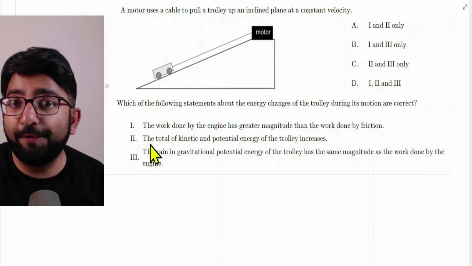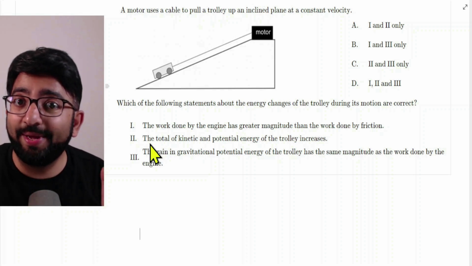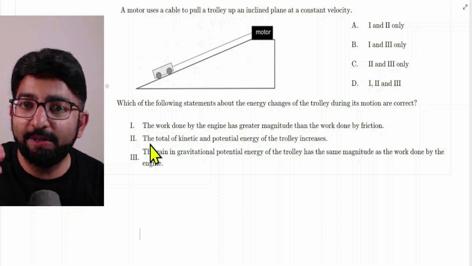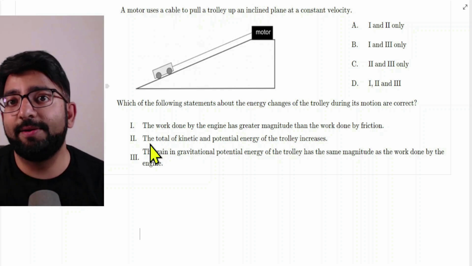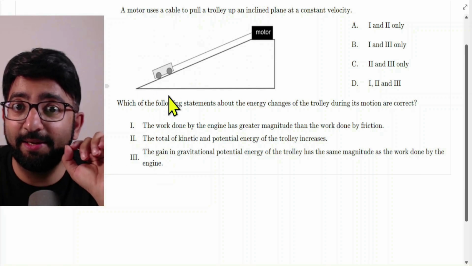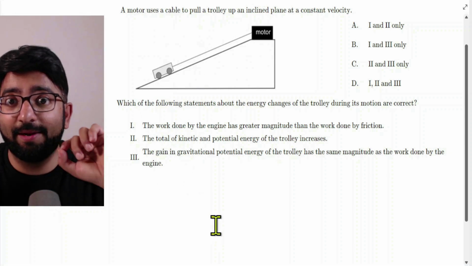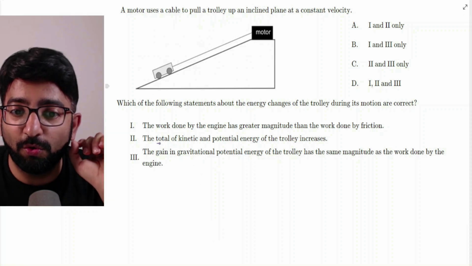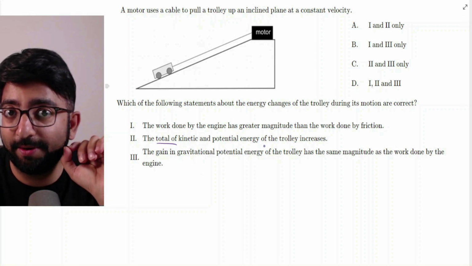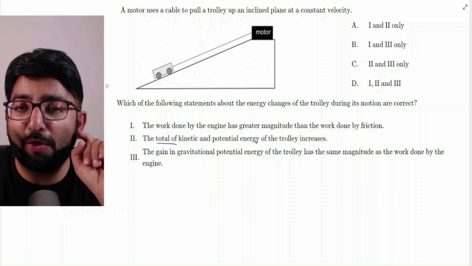So there would be no friction, no air resistance, and that is why no energy is lost. In that case, we can say initial total energy will be equal to final total energy. But in this case, the trolley is being encountered by a downward friction. So mechanical energy will not be conserved. So the total of kinetic and potential energy being conserved, that's a wrong statement.